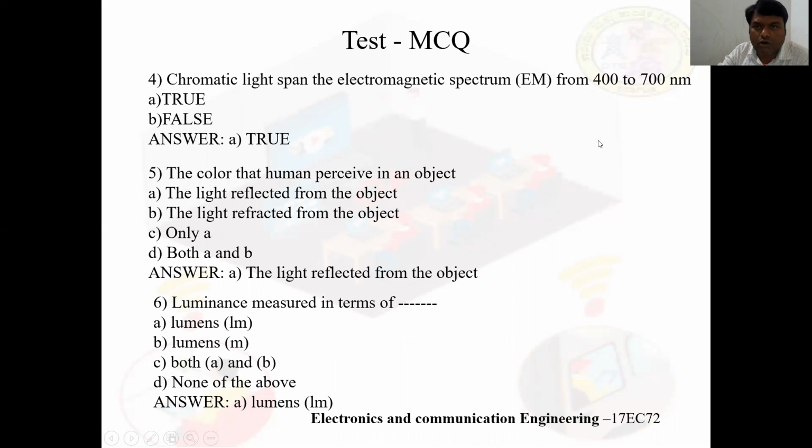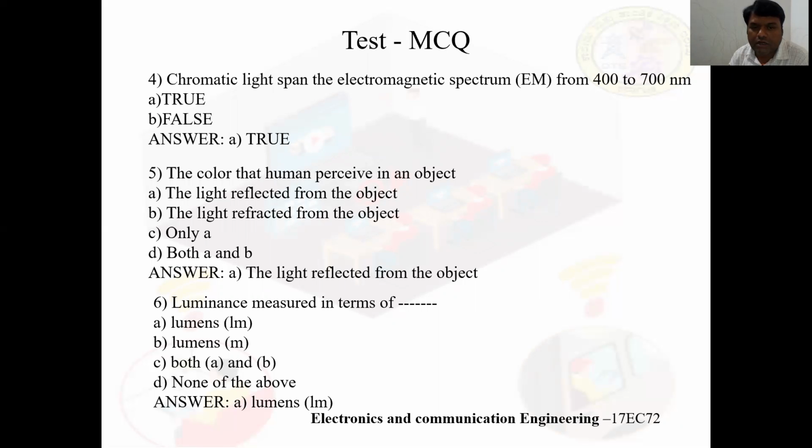Chromatic light spans the electromagnetic spectrum from 400 to 700 nanometers. True or false? It is true. The color that humans perceive in an object is the light reflected from the object, the light refracted from the object, only A, or both A and B. The answer is the light reflected from the object.